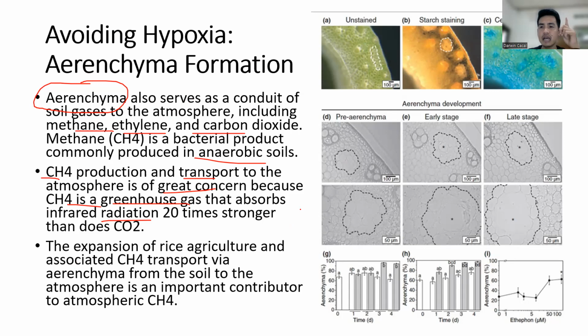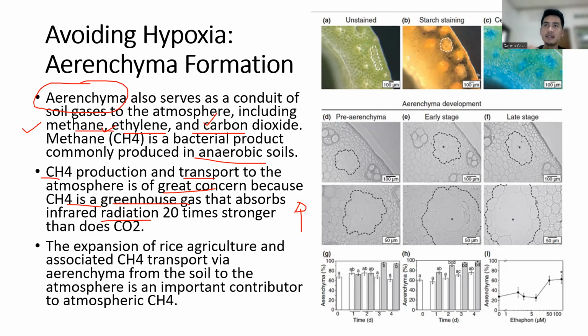Mas mataas ang release or something na mafulfilled or mawawala ang ating air kaysa gases. Kasi gases is a form of chemicals producing methane, ethylene, or carbon dioxide. So ito ay nire-release ng plants natin 10,000 faster, okay, than the air.